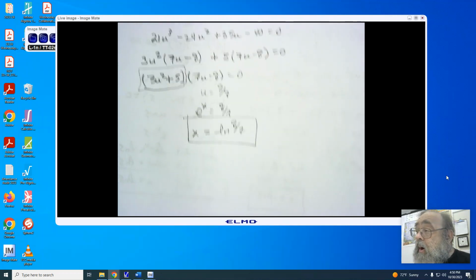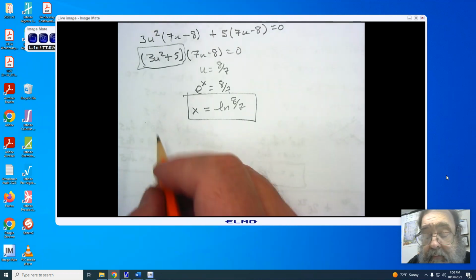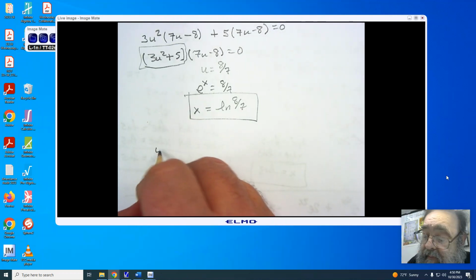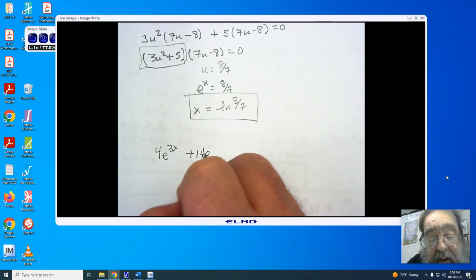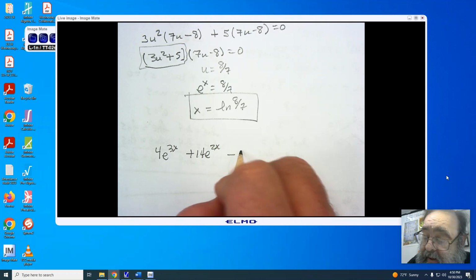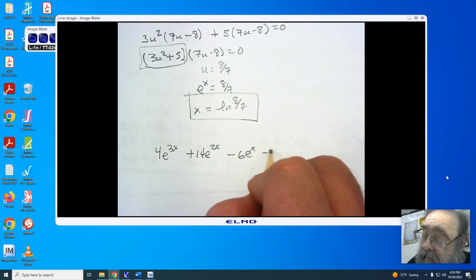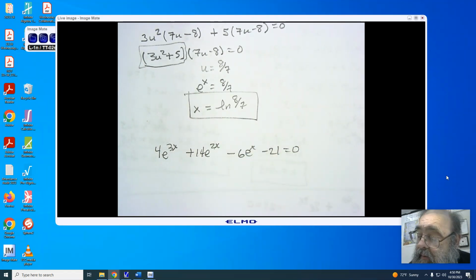Let's do one more and then we'll stop. This time, let's look at 4e^(3x) + 14e^(2x) − 6e^x − 21 = 0.